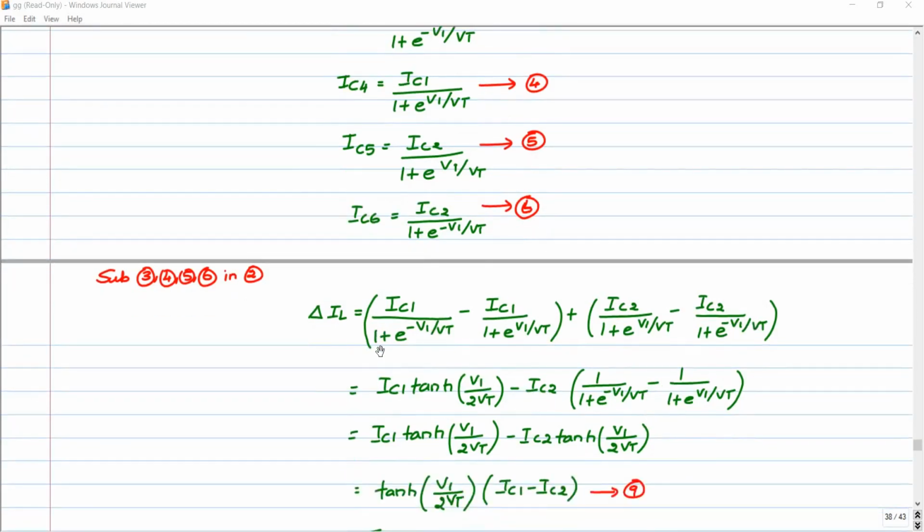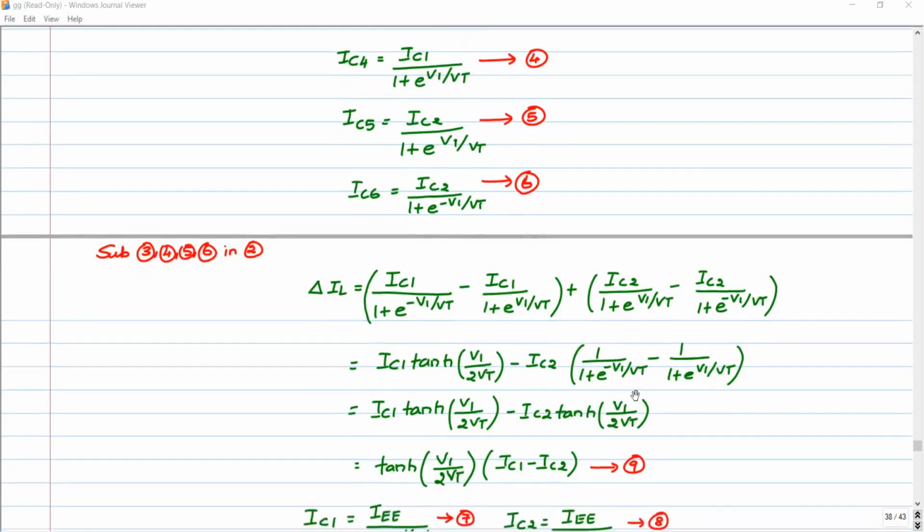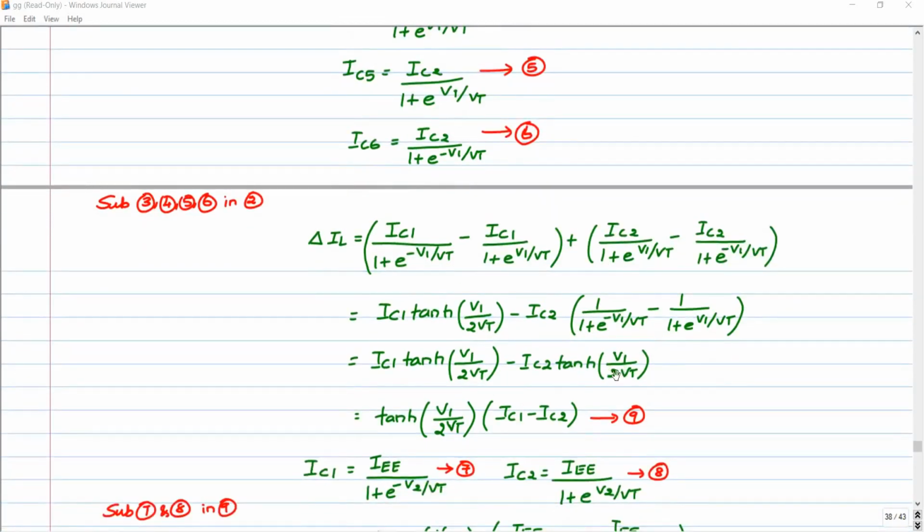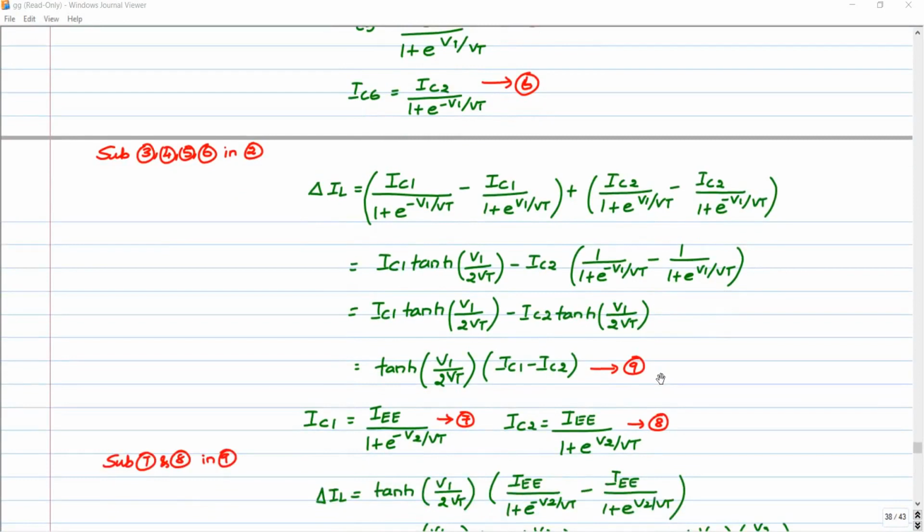If I take IC1 common, this term becomes tanh V1 divided by 2 Vt, and if I take IC2 common, the whole term becomes tanh V1 divided by 2 Vt. As I already told, tanh of x is approximately equal to x. So now I take tanh of V1 divided by 2 Vt common, and I will get IC1 minus IC2.